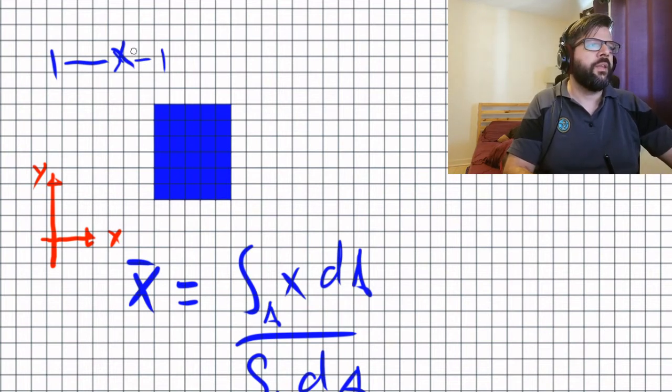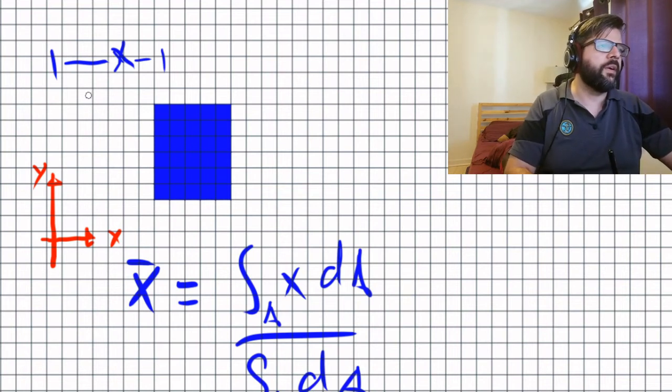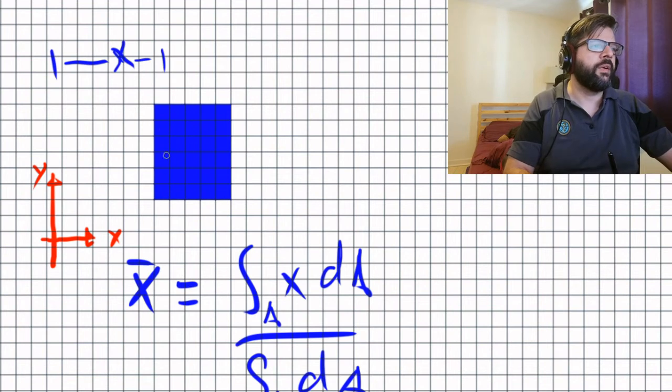We've zoomed in enough so that we can just sum them up: take that x, multiply it out, multiply it out, multiply it out.